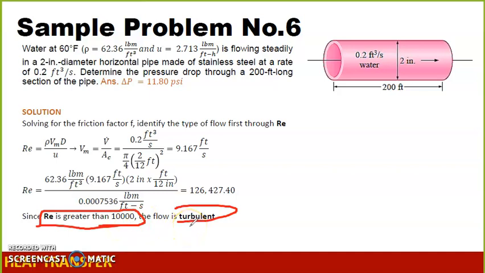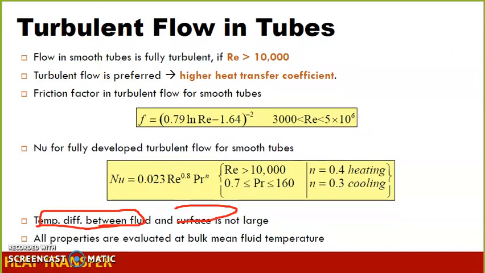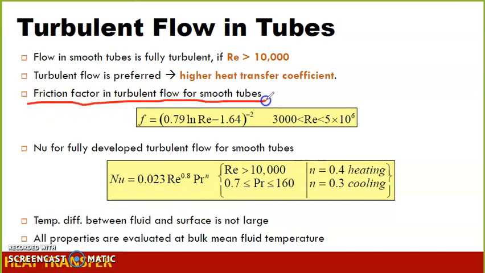We can solve for the friction factor using this formula in slide number 32. In slide number 32, the friction factor in turbulent flow for smooth tubes, again, the Reynolds number is greater than 10,000 for tubes. So we can use this formula: 0.79 ln of Re minus 1.64, to the power of negative 2.